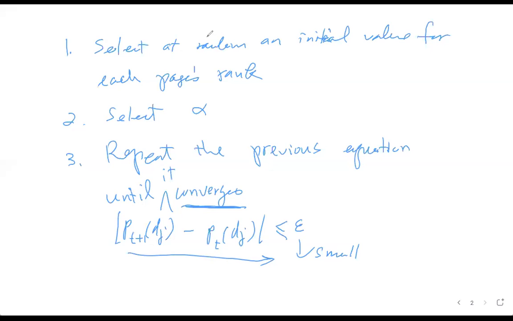And how do you select alpha? By default, alpha is 15%. That means about 15% of the time you randomly jump into a page to start your browsing. That is the algorithm.